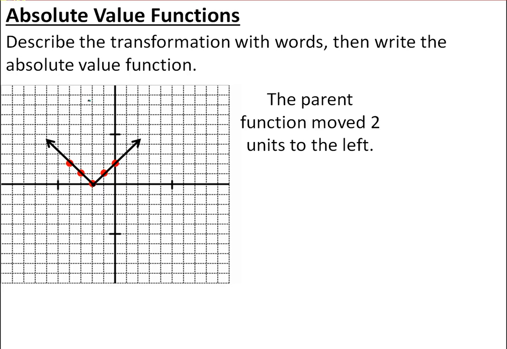So if I move the parent function 2 units to the left, it's right on top of the red dots. So remember that whenever it touches the x, it's opposite what you think. X is a liar, so this would actually have to be x plus 2.